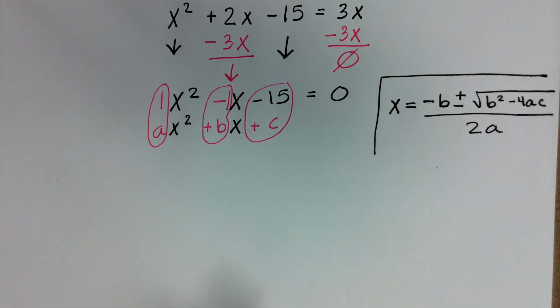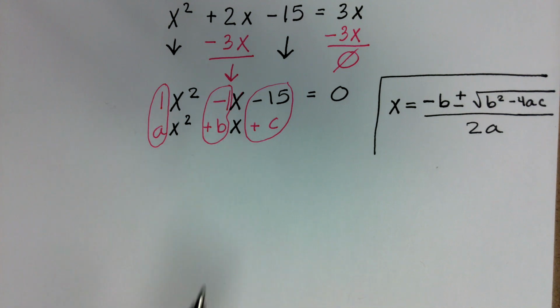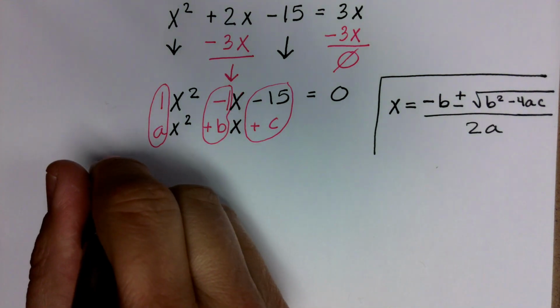Now I'm going to write this again directly underneath my quadratic, where I've pointed out my a, my b, and my c value. But I'm going to put parentheses in place of the variables that we're going to be replacing, using substitution to solve this.